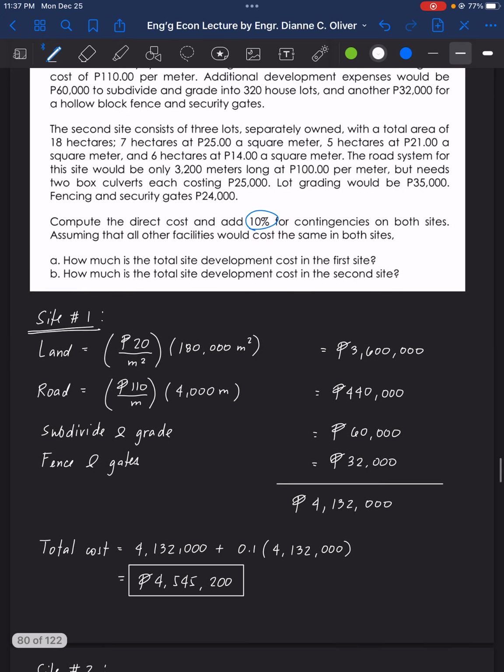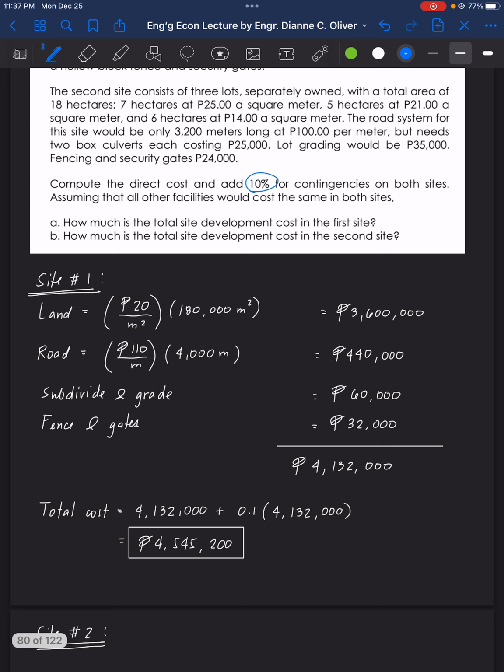Now for site number 2, the second site consists of 3 lots, separately owned: 7 hectares at 25 pesos a square meter, 5 hectares at 21 pesos a square meter, and 6 hectares at 14 pesos a square meter.